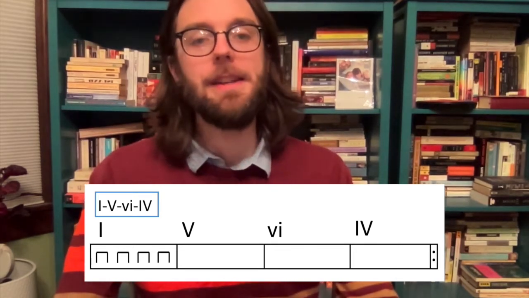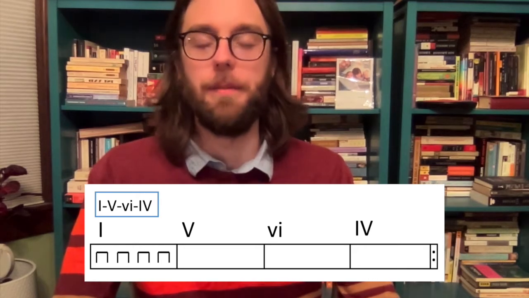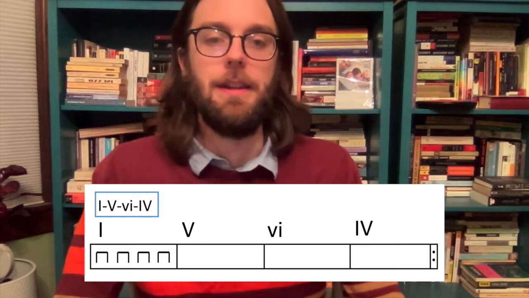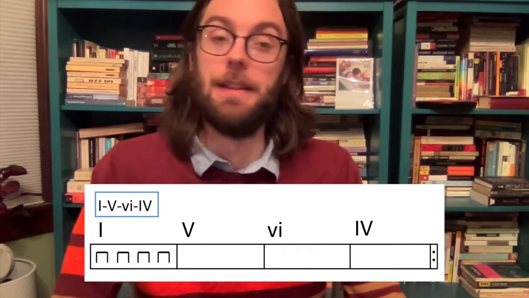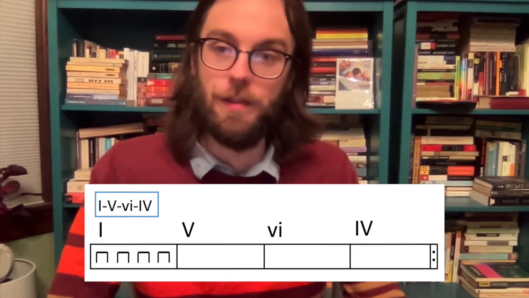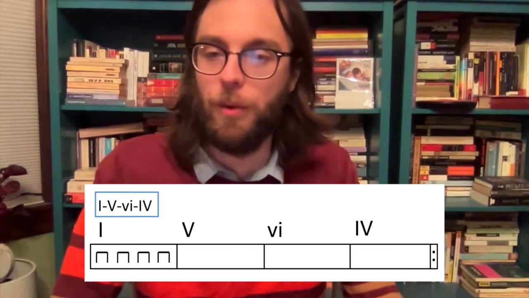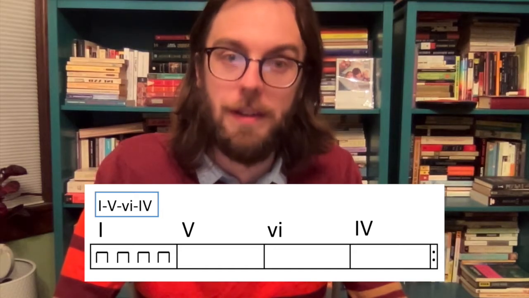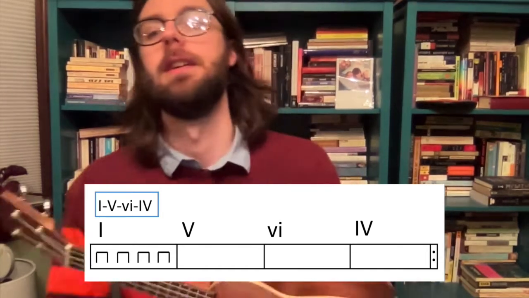So between that and the Wikipedia link, you can have many different examples that use this chord progression. Again, this is one of the most common chord progressions in current popular music.